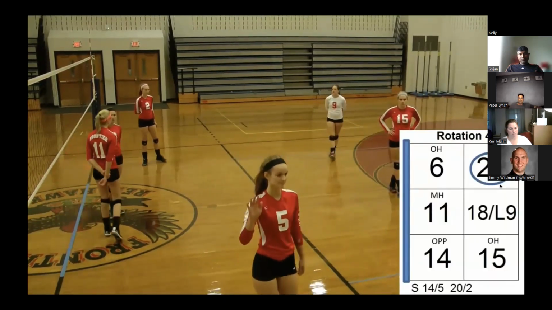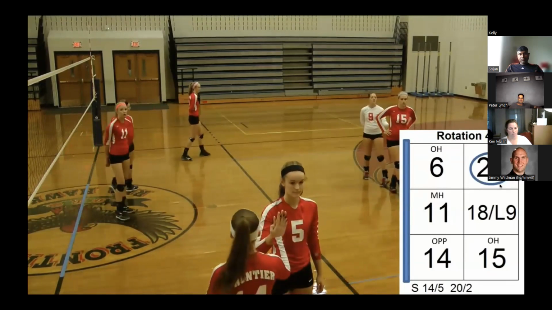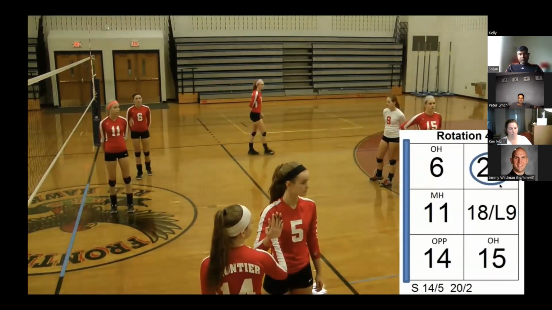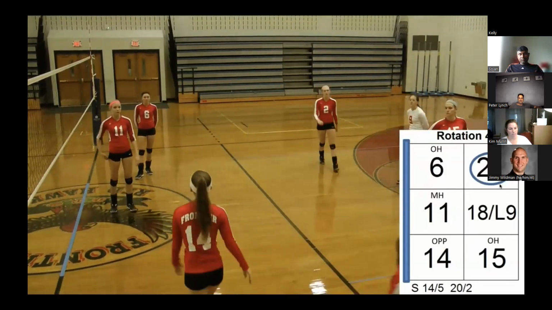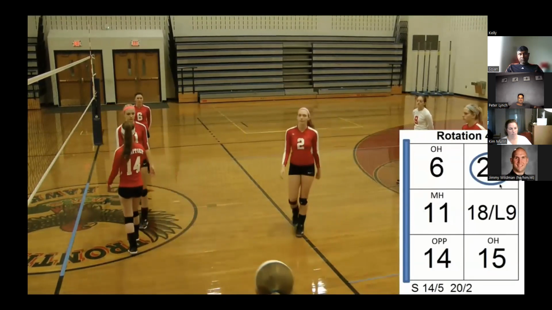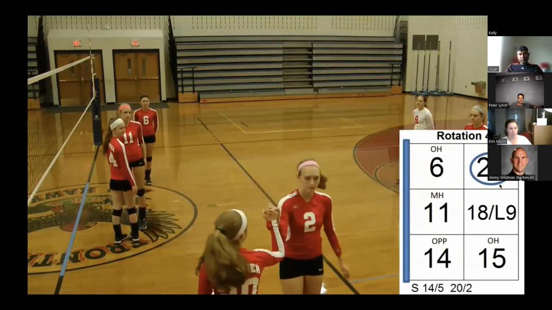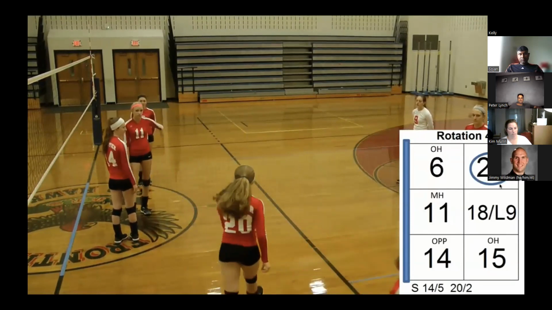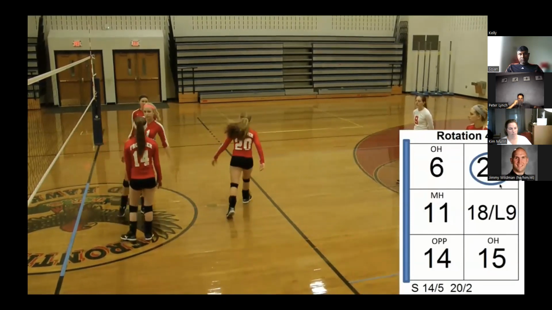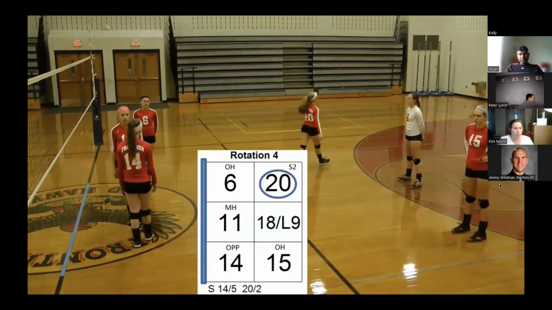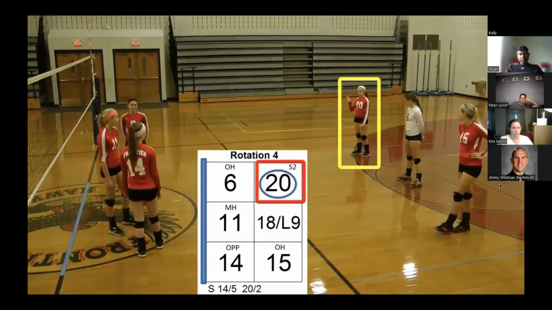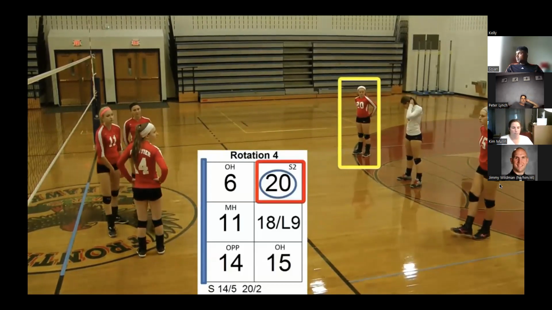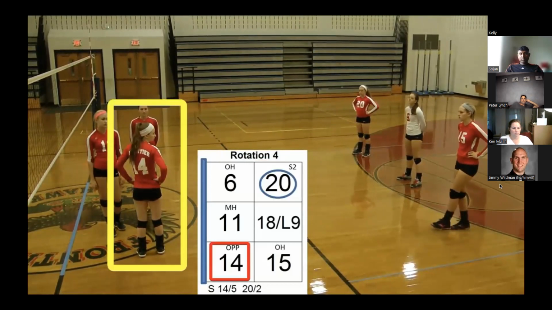Go. There's sub number 1. Okay, we're going to rotate, and then number 2 comes up. Go. You guys come out. Number 2 comes off. Okay, I sub out a new setter for my opposite. Go. Right. And so now, Ella, number 20, is my new setter, and number 14 is my new opposite.